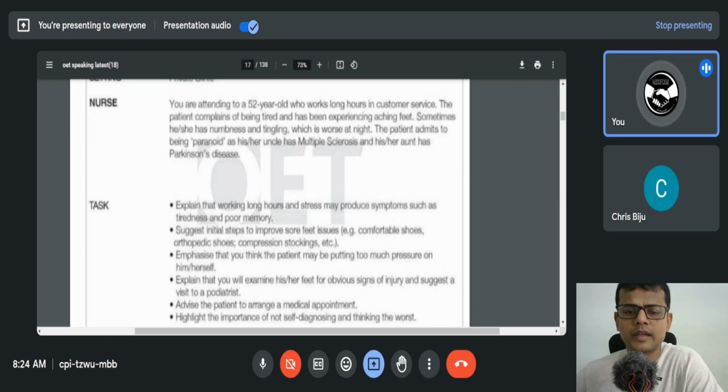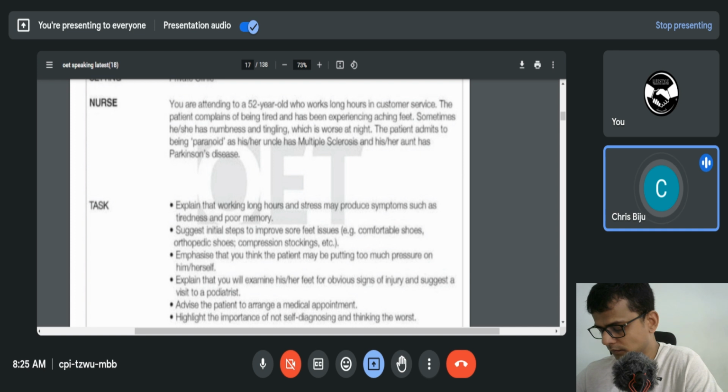It's very important that you do not do any self diagnosis and worry about that. Once you consult a doctor, the doctor will find out the exact cause for your issue. So thinking will not make things better but worse. Can you try that?